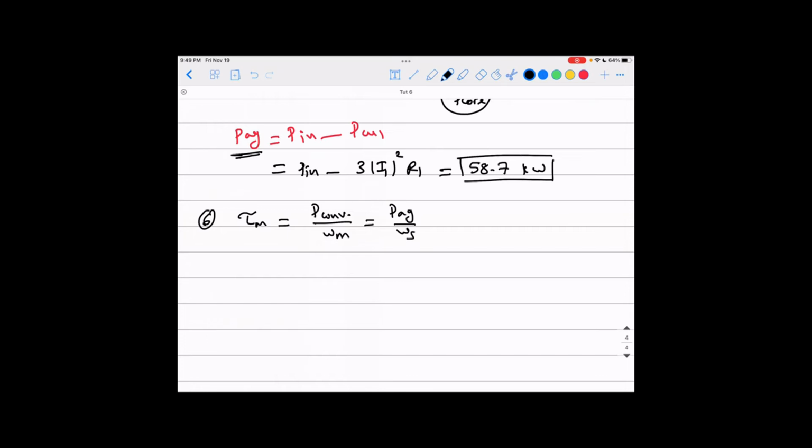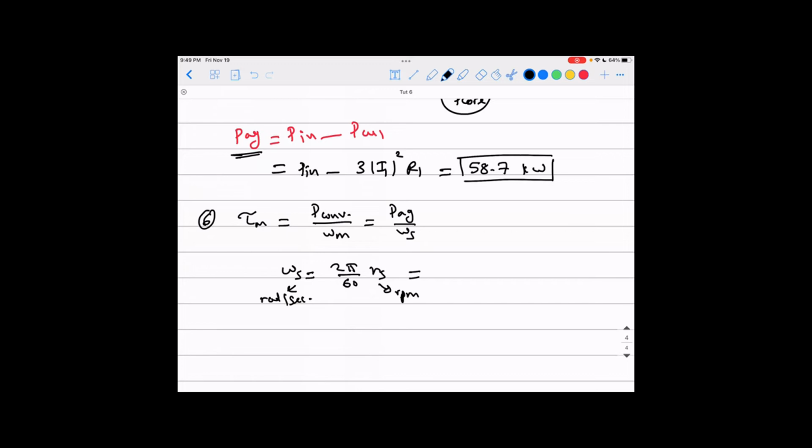We just need to calculate omega s, which is 2 pi over 60 times the synchronous speed. That is in radian per second, and that is in RPMs. Do not forget this.